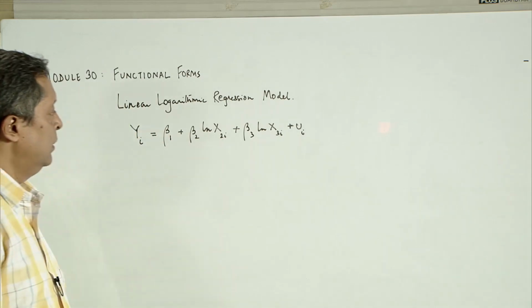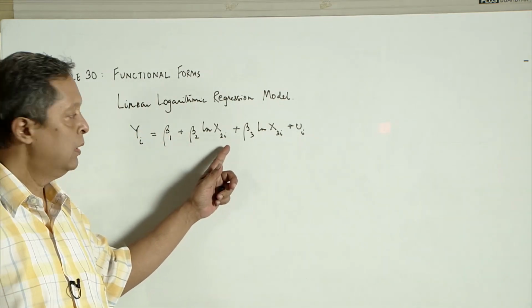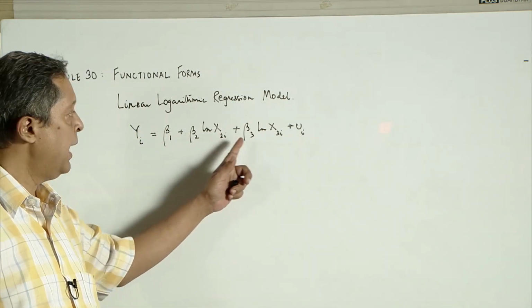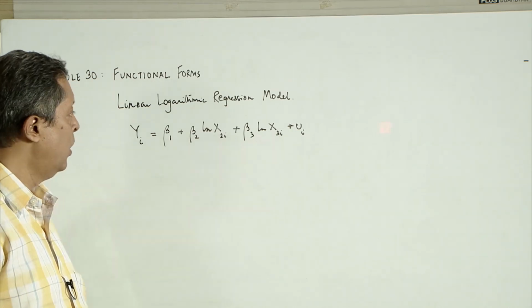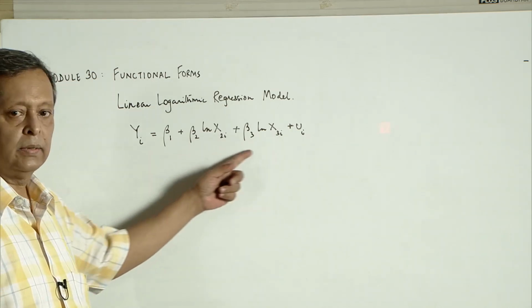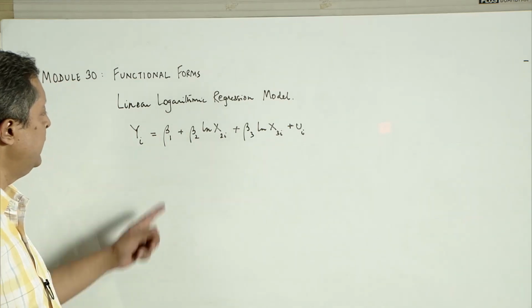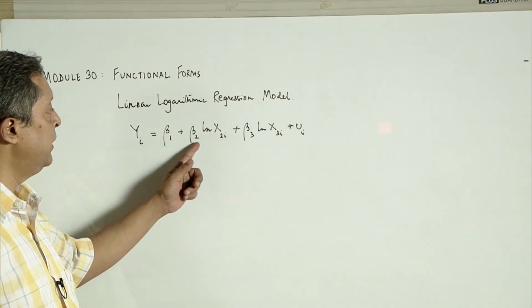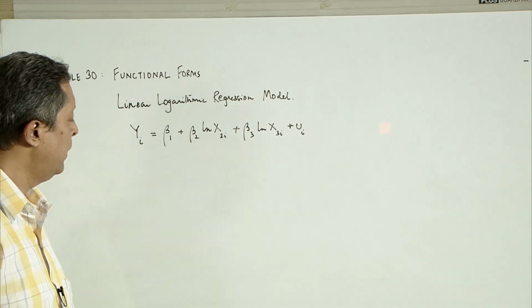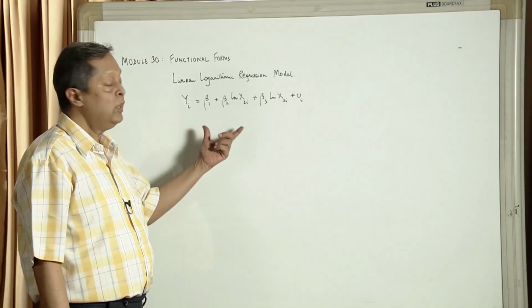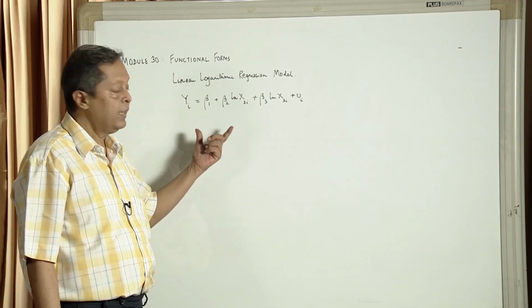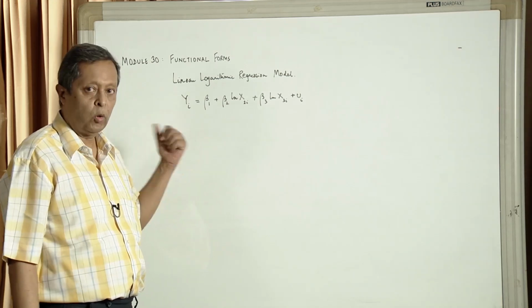So, the two regressors are log of x2 and log of x3. Obviously, this is not linear in x2, x3 and y, but it is linear in the parameters beta 1, beta 2 and beta 3. Question is, when do we use such a model and why are these models important?